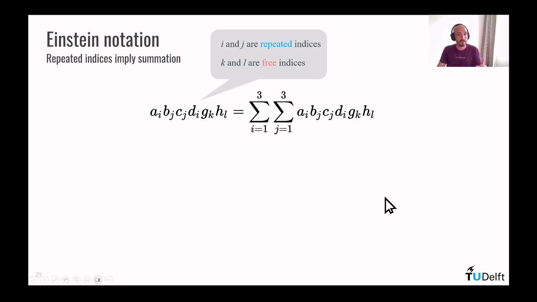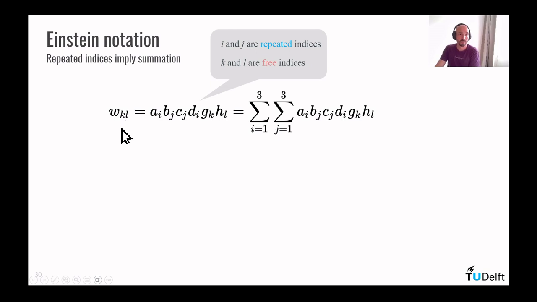And besides, we don't have to write this summation, which is a big symbol here. So the notation becomes very compact. We also have a summation over i, which also varies from 1 to 3. And we have those free indices k and l, and this will result in a component that depends on the indices k and l.